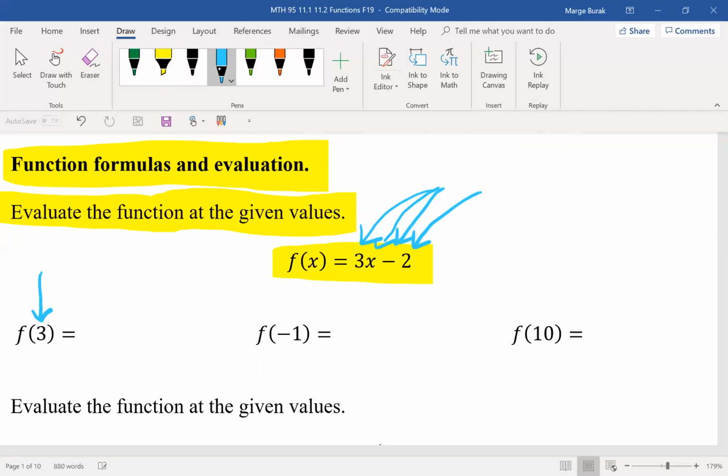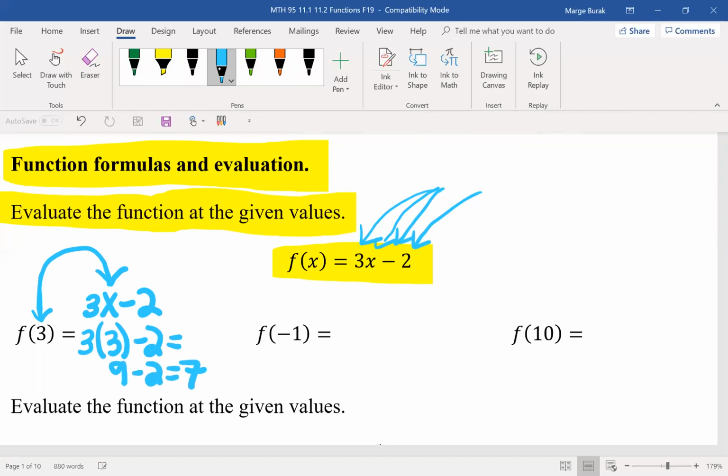If my x is 3, my function is 3 times my x minus 2. All I do is take that 3 and substitute it in where the x is. So it's 3 times 3, and then subtract 2. I would get 7. So that means f of 3 equals 7.